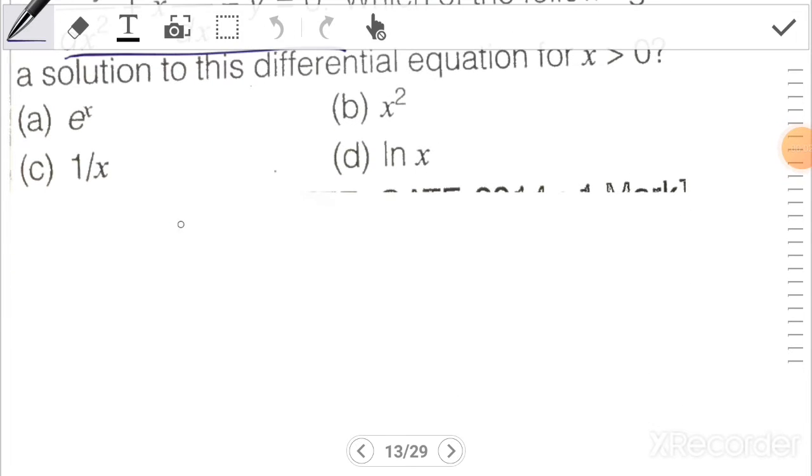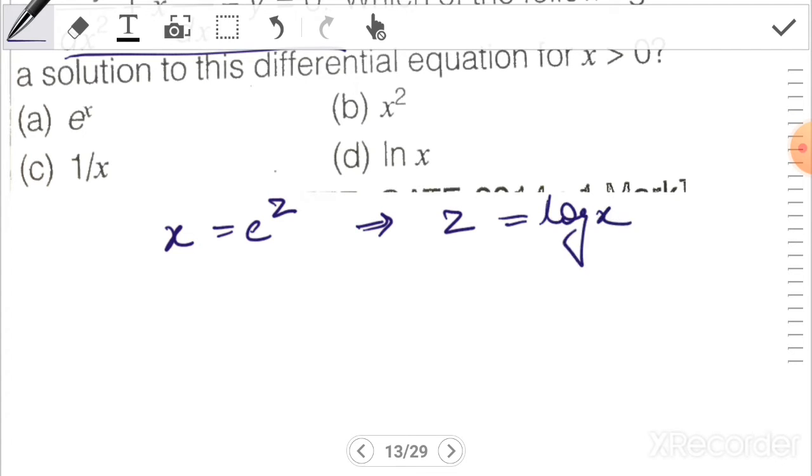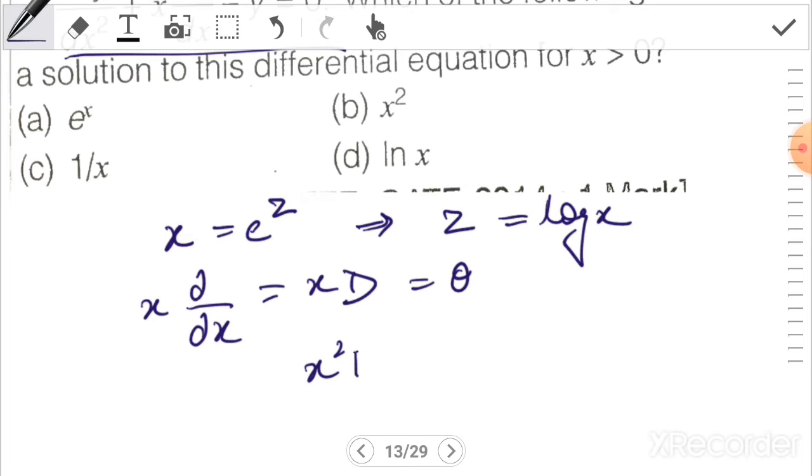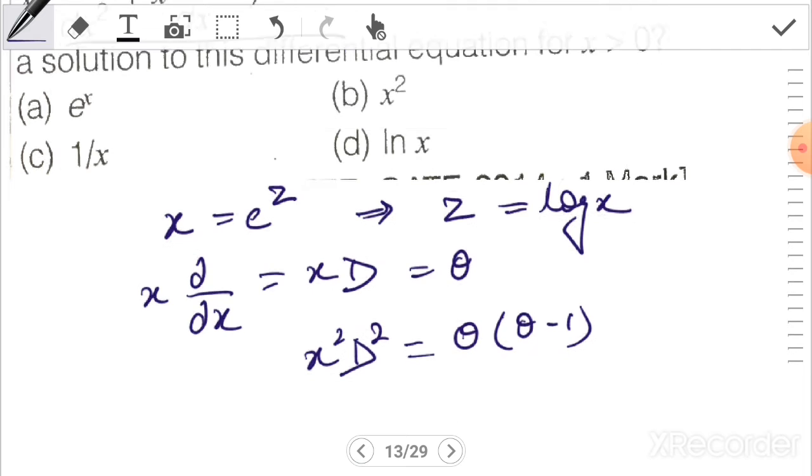Let us put x is equal to e power z, or z is equal to log of x. So now x d by dx operator is equal to x times capital D, which is equal to theta, and x square d square is equal to theta times theta minus 1.